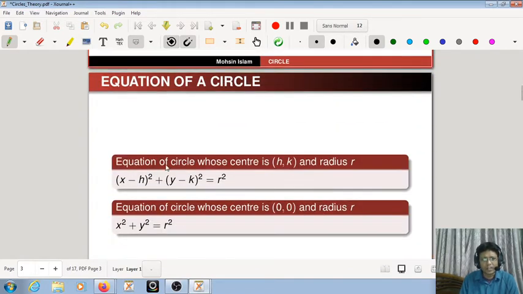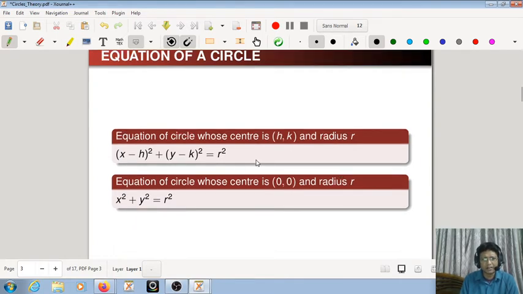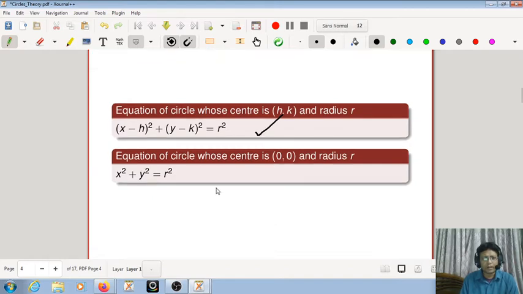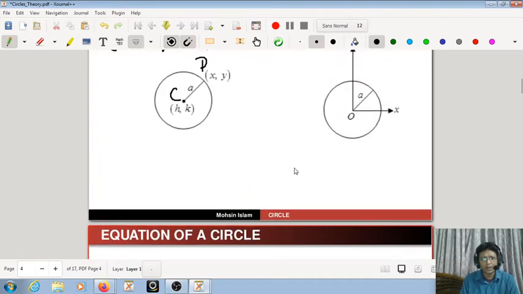So this is the equation of a circle with center (h, k) and radius r. In particular, if the center is at the origin (0, 0) and the radius is r, the equation will be simply x square plus y square equal to r square. Look at that, the center is at (0, 0) and the radius in this case is a.